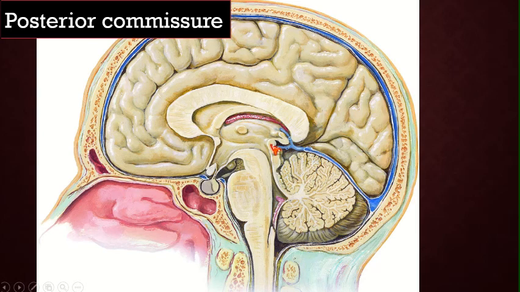It interconnects the superior colliculi, pretectal and interstitial nuclei of the two sides. Remember, the superior colliculi of right and left are connected by this posterior commissure, and the pretectal parts right and left are also connected by it.